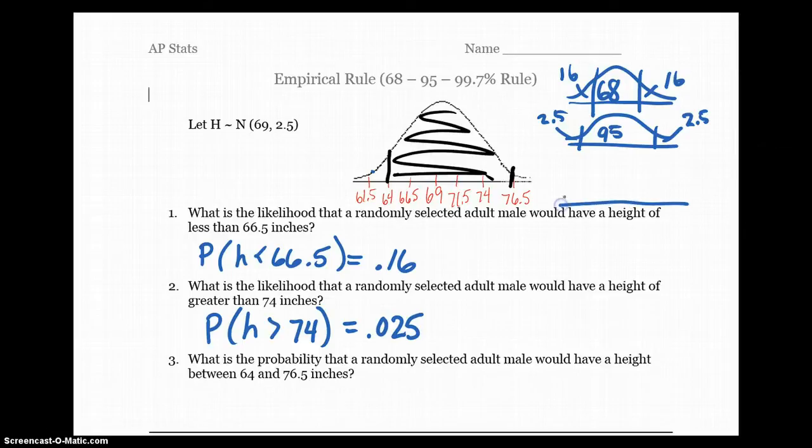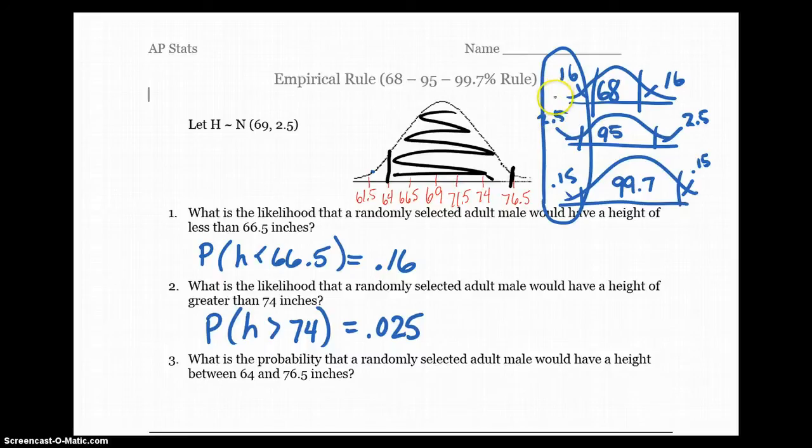And if you look at 3 standard deviations away, 99.7, then the tails total 0.3, so each tail is 0.15%. So what I try to do is remember the tails as well as the 68, 95, 99.7. So the bigger tail is 16, 2.5, and 0.15.